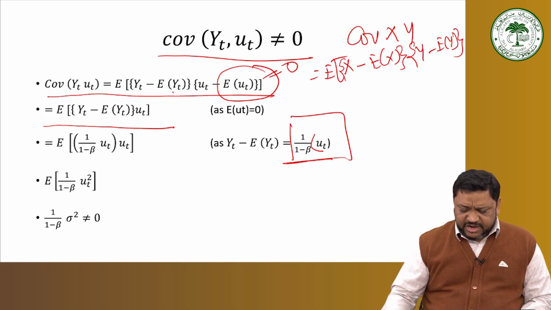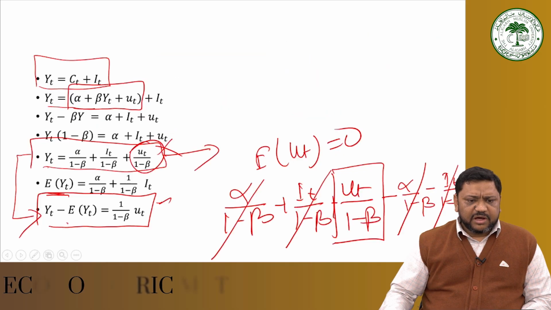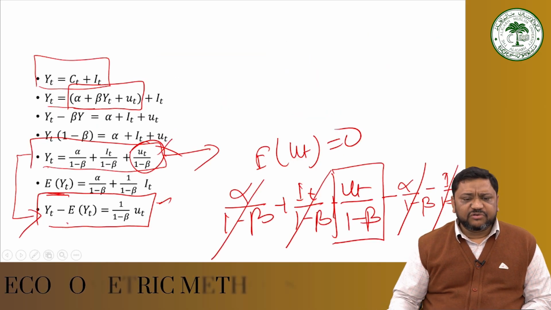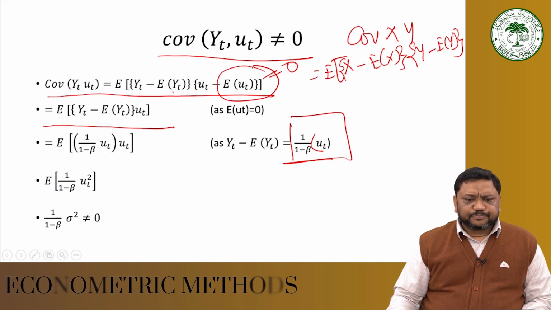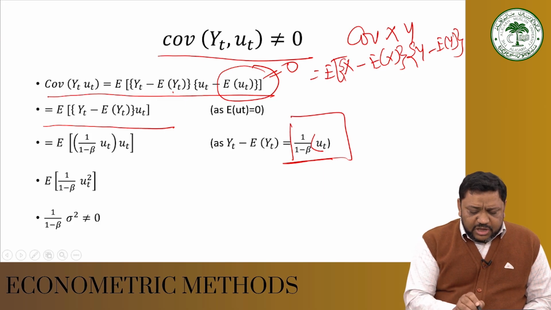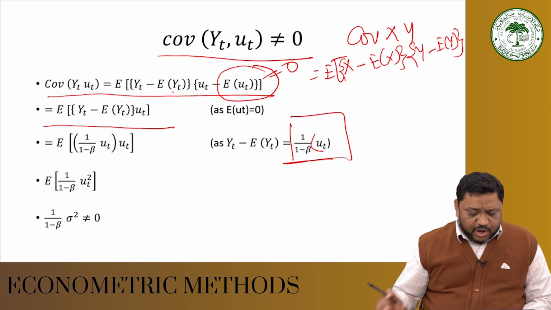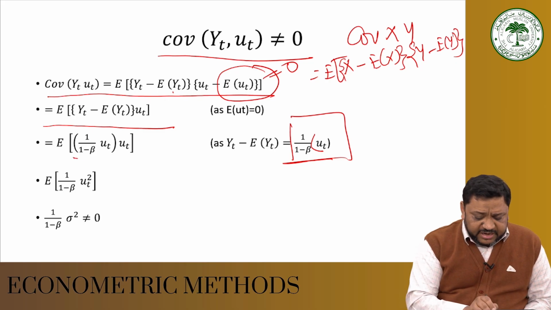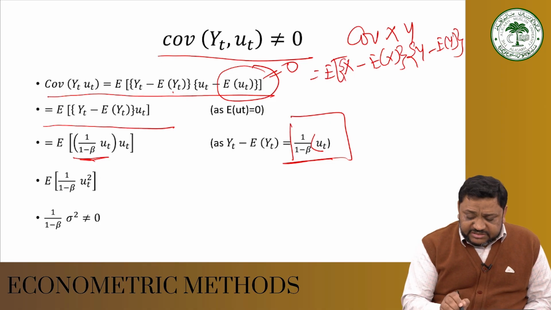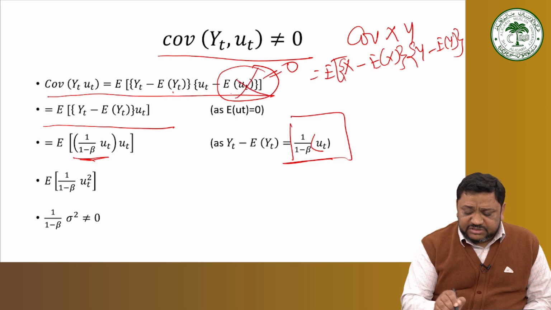We have just now derived it in this slide here only. So this yt minus expected value of yt, we write as 1 upon 1 minus beta ut. This expected value of ut is cancelled, it becomes 0. So what is left here is only ut.